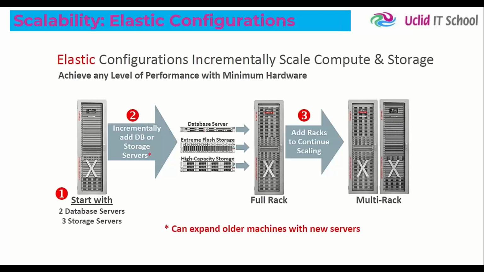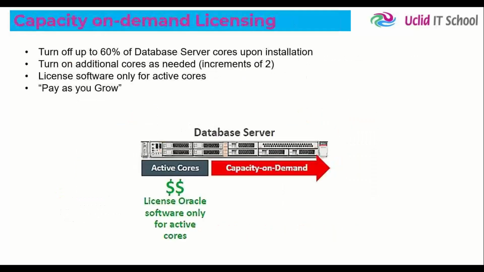You can start with the minimum database servers, which is 2, minimum storage servers, which is 3, and add more database servers, more storage servers to the rack. And once you reach full capacity, again, you can interconnect multiple racks and form multi-rack configurations. So that way, Exadata is a highly scalable system.